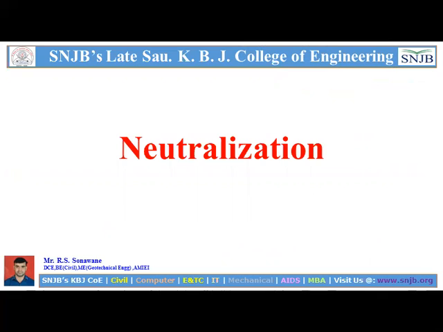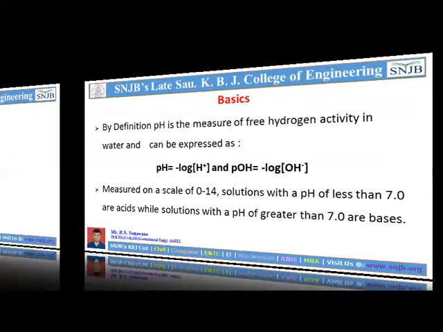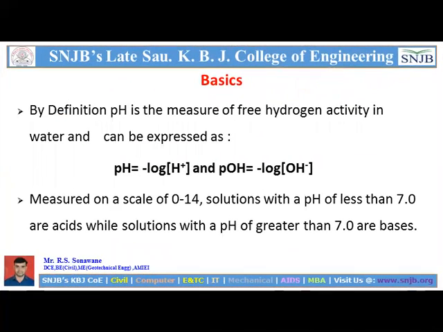The next term that we see here is neutralization. Before understanding the exact meaning of neutralization, we should know about pH. You know the pH of any water, and we discussed it many times in Environmental Engineering 1 as well as in unit 2. pH is the measure of free hydrogen activity.